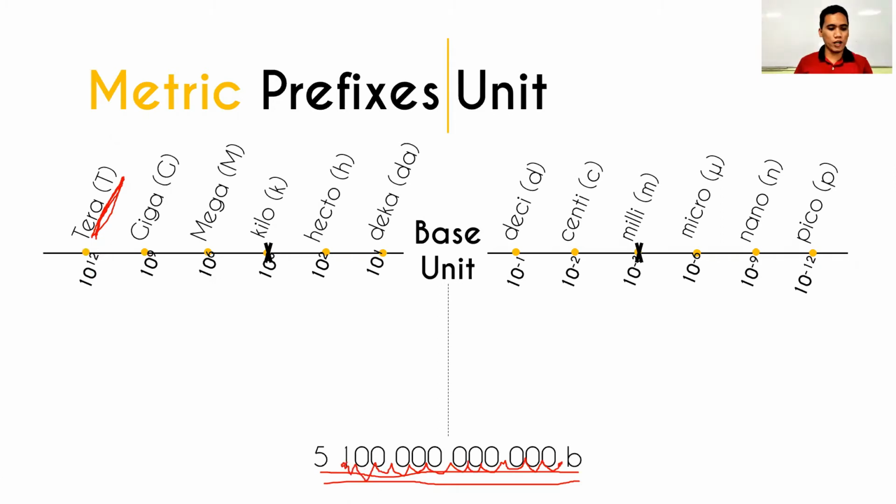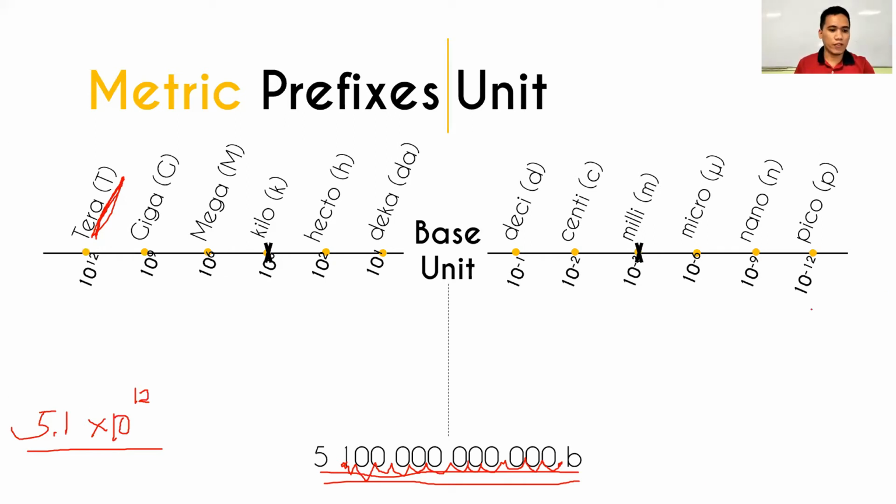So therefore, we have 5.1 times 10 to the power of 12. Okay, so this is the scientific notation of the 5 trillion 100 billion bytes.